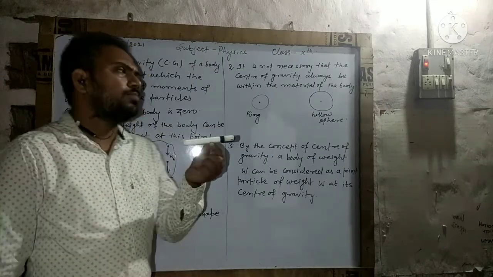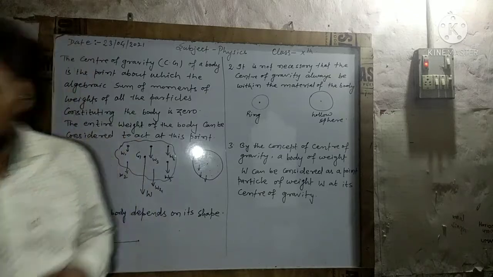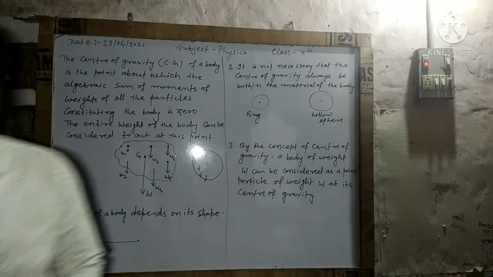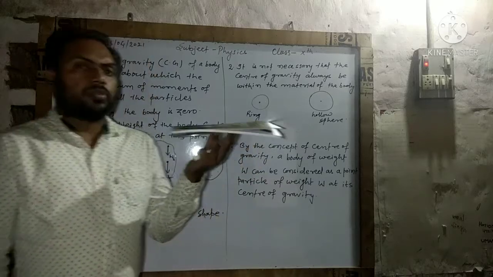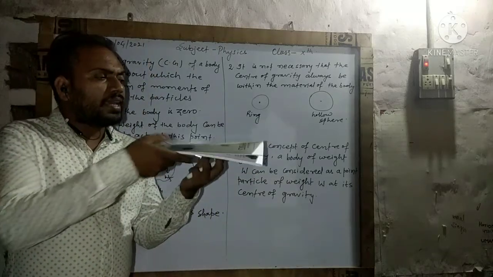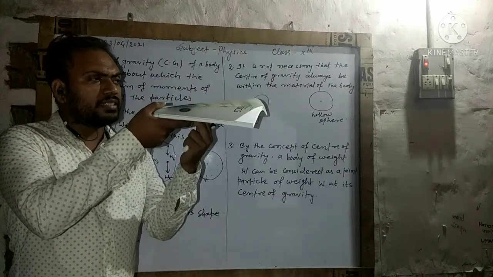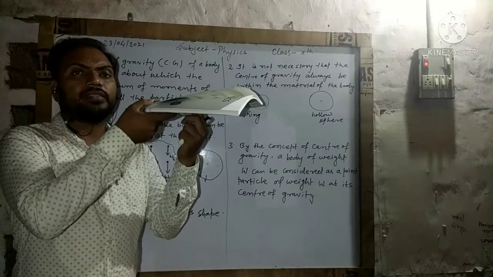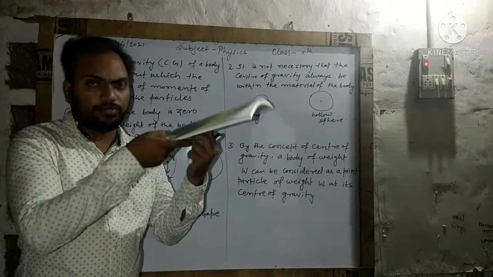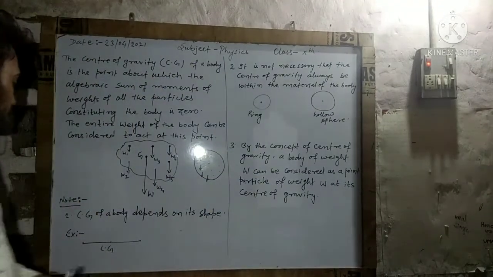For example, take any object and hold it at its center. For example, let there be a square book. Here I am balancing it at a certain point, so that point will be called the center of gravity of that object, where the whole mass is balanced.